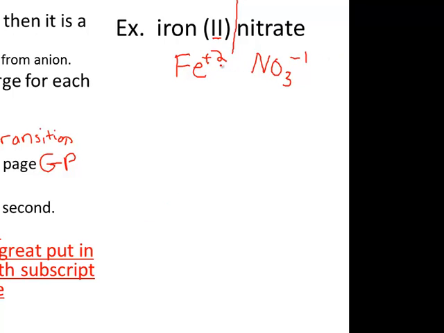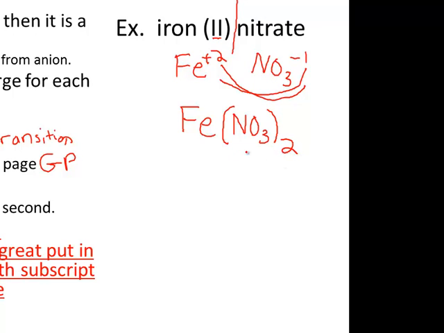We're going to crisscross, drop the charge, just the number moves over. Just the number, not the charge, moves over. So we have 1 iron, Fe, and we have 2 NO3s. We're going to put NO3 in parentheses, as our new rule states, and then the number, if it's 2 or greater, will be put on the outside of the parentheses.